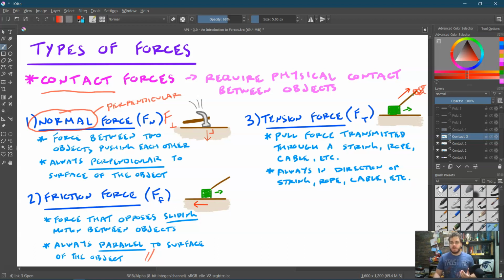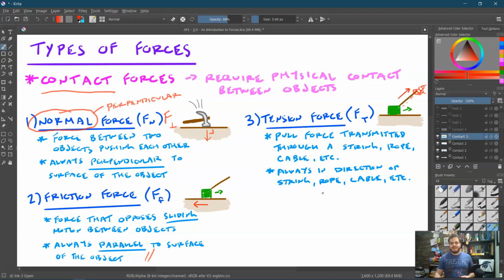You're applying it through this string, rope, cable, etc., but you're still the source of the force. So a tension force is always transmitted through something, and it is always going to be a pull force. If you try to push something with a rope, it doesn't really work.